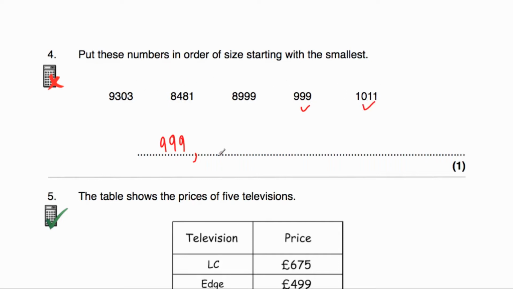So 1,011 will be the next smallest. Now we've got 3 numbers left. It's going to be the 8,000s next. We've got 8,481 or 8,999. So it's going to be 8,481, then 8,999, and the biggest number will be 9,303. And that's it. So we've arranged the numbers in order of size, starting with the smallest.